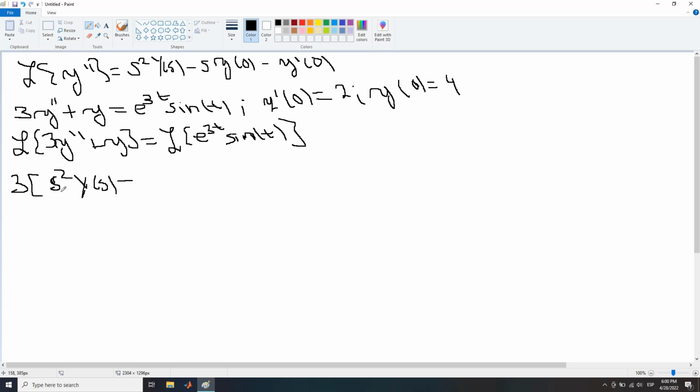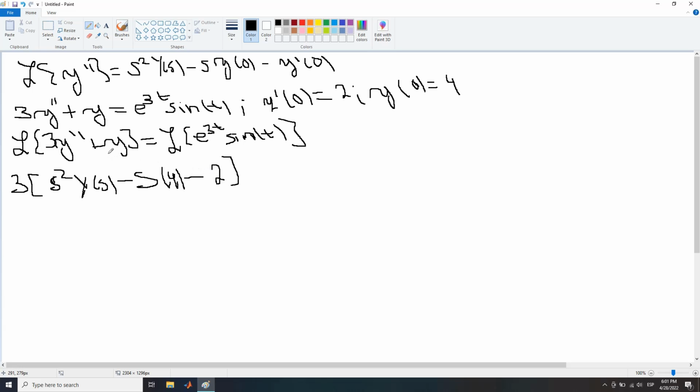So here again we have to convert this second derivative to the Laplace transform, so s squared times y of s minus s times the initial condition of the function, which is 4, minus the initial condition of the first derivative, which is 2.